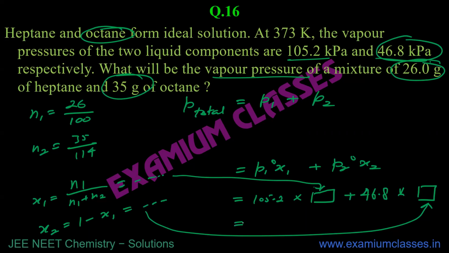The answer you will get when you solve this one is 73.43 kilopascal. I'm not doing everything. You have to do that. Remember, every question of NCERT you have to do yourself and upload it on the website.